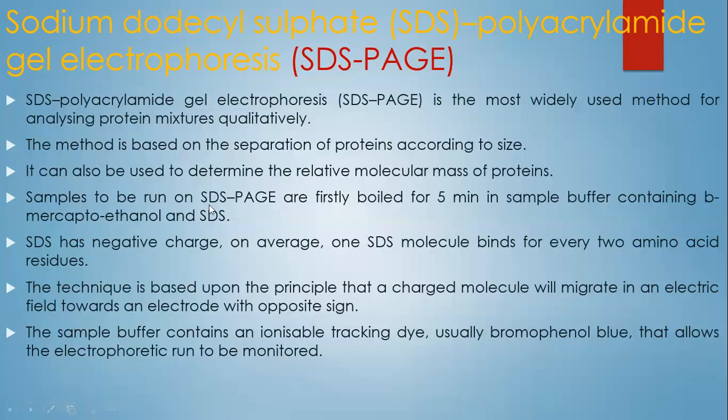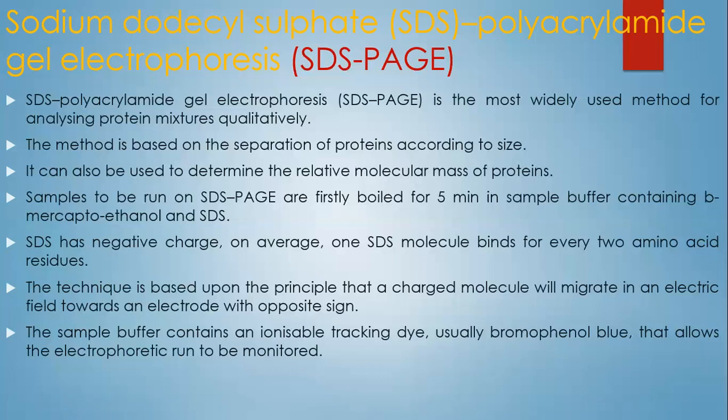The samples to be run on SDS-PAGE are first boiled for 5 minutes in sample buffer containing beta-mercaptoethanol and SDS. SDS has a negative charge. On average, one SDS molecule binds for every 2 amino acid residues.